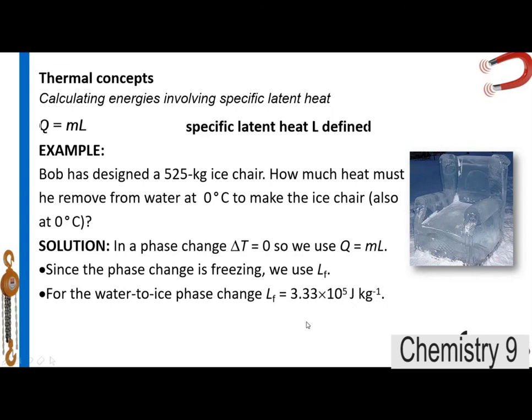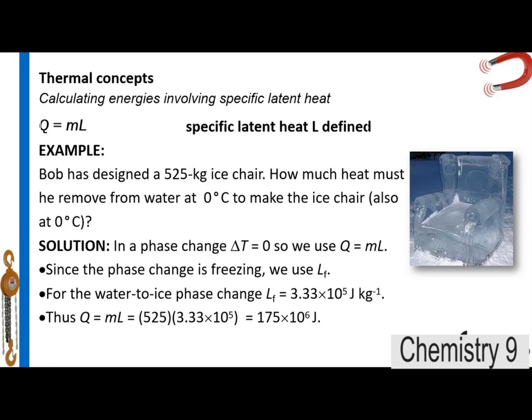to the power of -1. And so what we do is we use this in the calculation, and we say thus Q is equal to the mass. In this case, the mass is 525 kilograms multiplied by the specific latent heat for freezing, which is 3.33 times 10 to the power of 5, and that will give you an answer of 175 times 10 to the 6 joules.